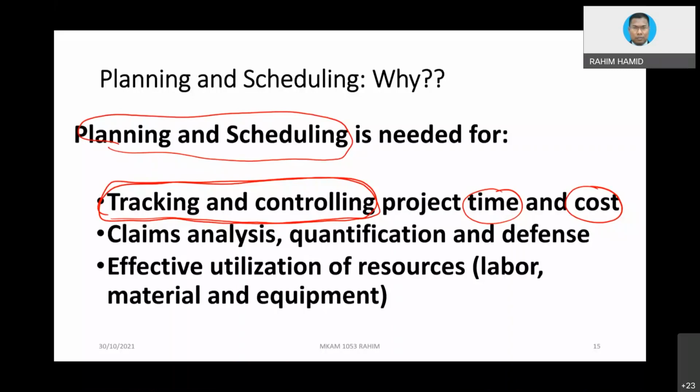And inside the progress claim, there could be evidence that you provide in order for the consultant that represents the client, or even the client themselves, to agree with your claims. So you simply cannot say, okay, I have completed 10% of the work.